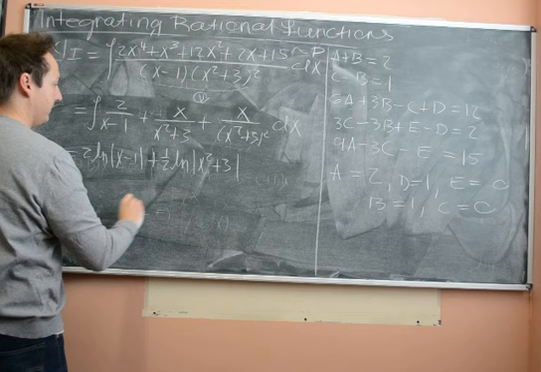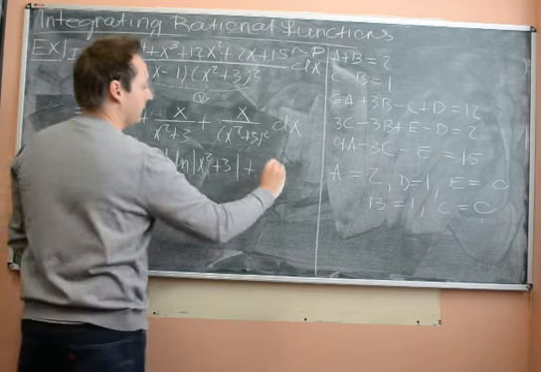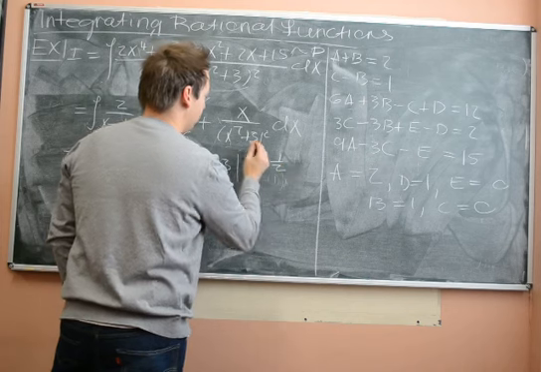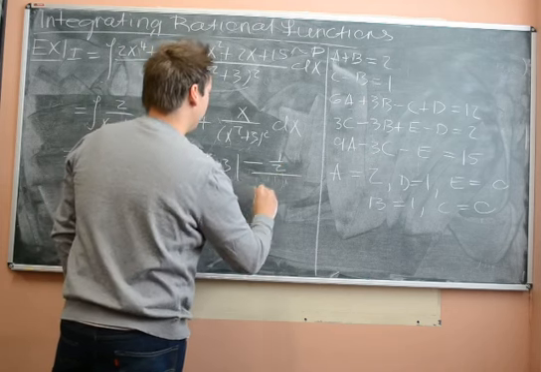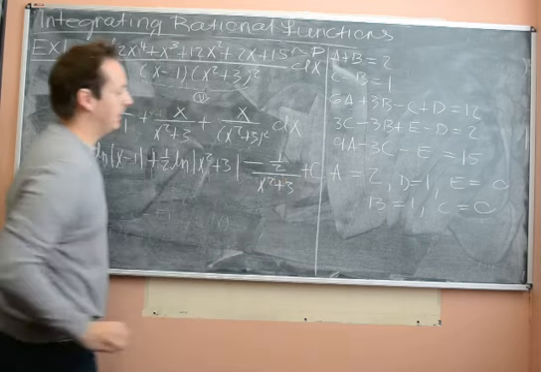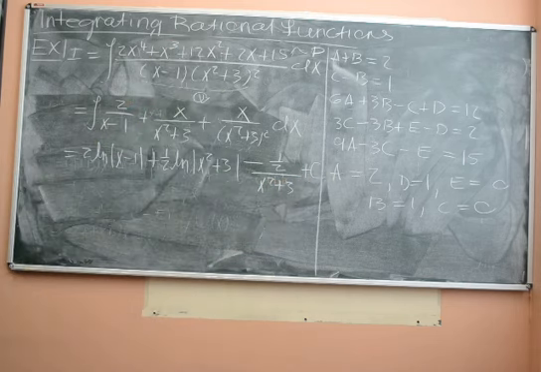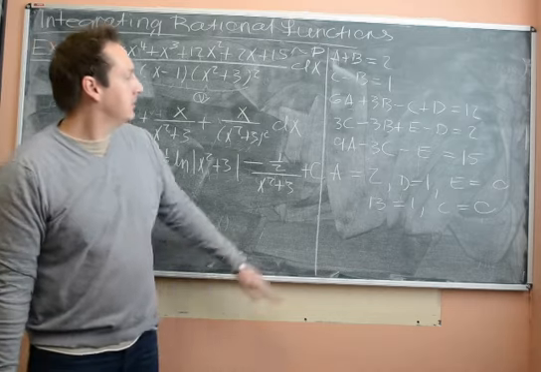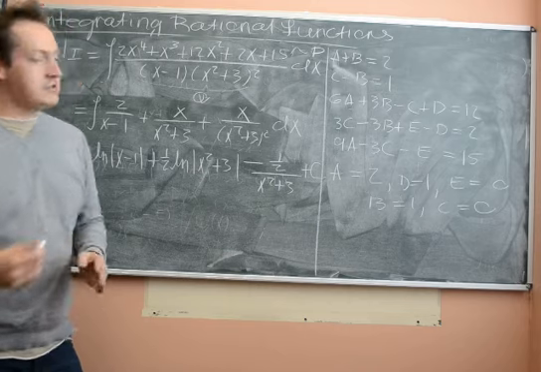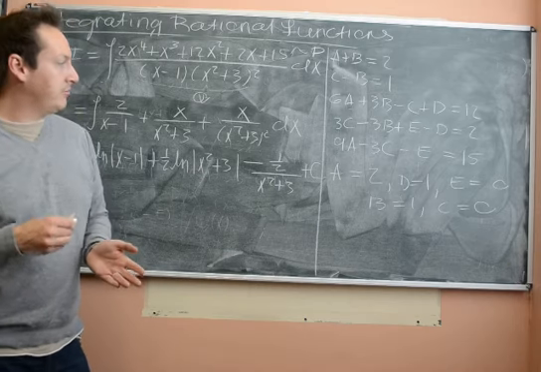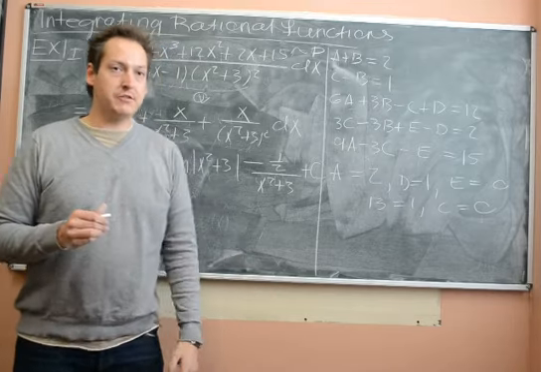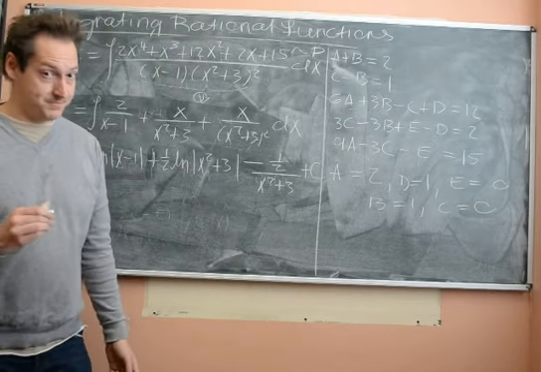The last one gives minus 1/2 over x squared plus 3, plus c. So the only difficulty here is in solving these equations. And again, in principle that's easy, but in practice it's computationally a little challenging because you have so many variables and so many unknowns.